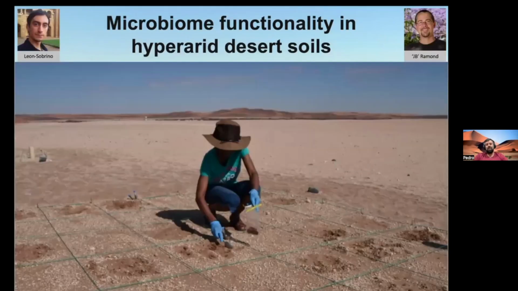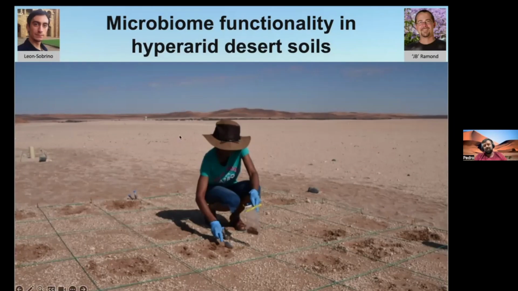So to explore more the reactivity of soil microbial communities in the desert, two colleagues of mine, JB and Carlos Sobrano, went about to design this experiment where they measured RNA levels of expression in plots that you can see here in the foreground that were subdivided into different quadrants. And these plots were sampled under desiccated conditions or natural conditions and watered conditions. And the levels of RNA expression were compared between the two different states.